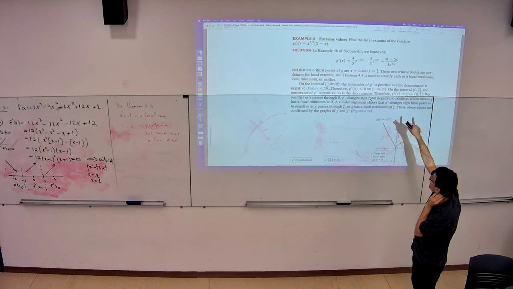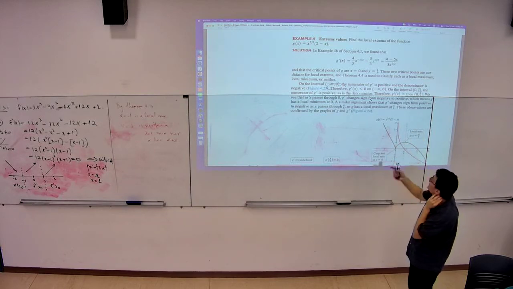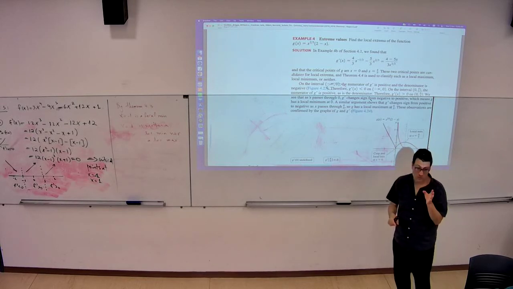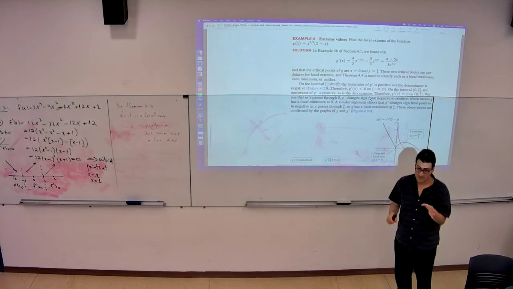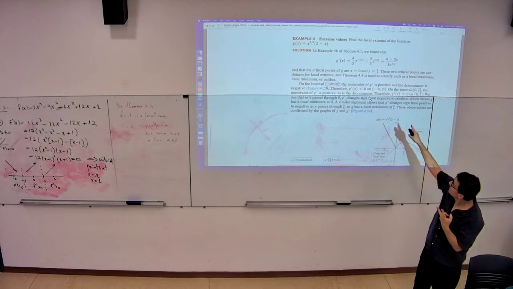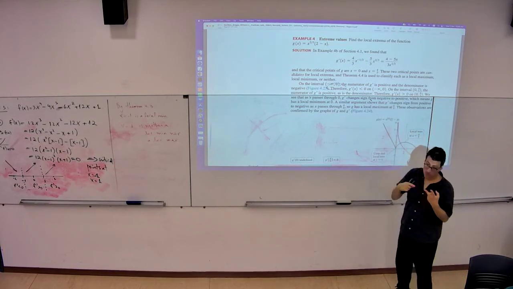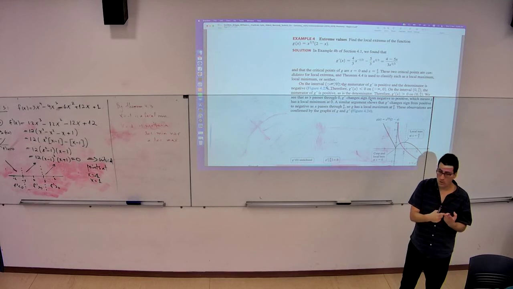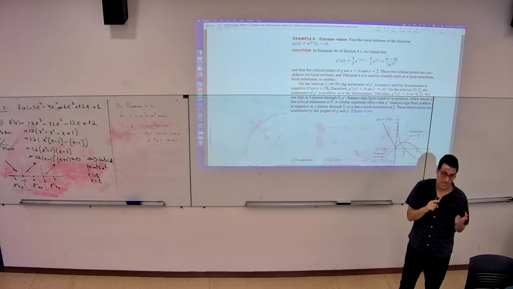That's the derivative. Well, the bad news here is that now we have a critical point where the derivative is not defined. So we have one critical point, x equal 4/5, where the derivative is 0, and one critical point, x equal 0, where the derivative is not defined.